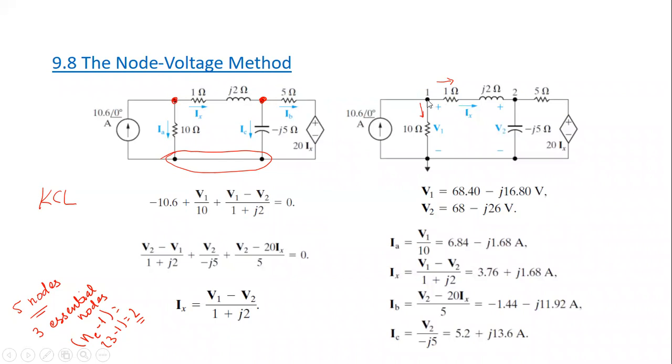And now to see the current flowing from 1 to 2, it will be V1 minus V2 divided by the impedance, and the impedance here is 1 ohm plus J2 ohm. So V1 minus V2 over 1 plus J2, and this, according to KCL, is equal to 0. Is KCL to node 1 clear, please?